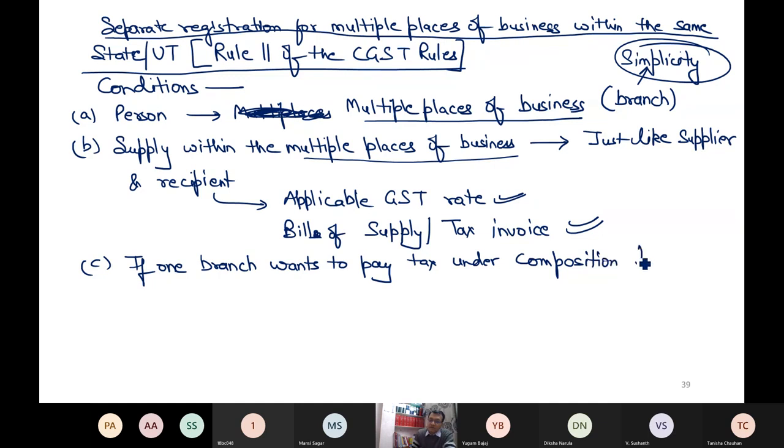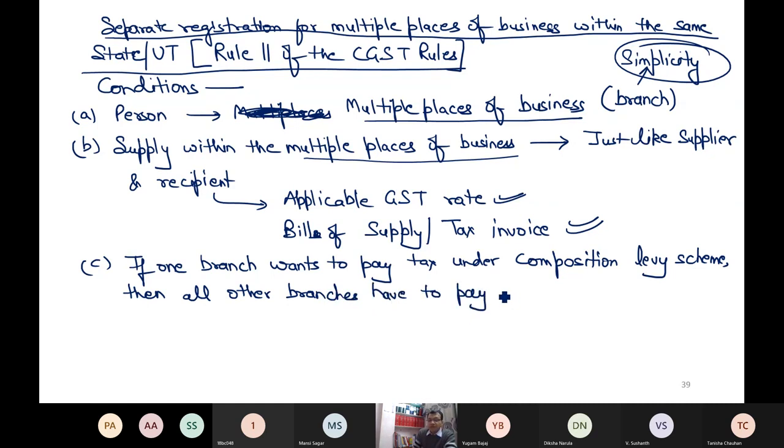I think yes, where we have very lax rates. Then all other branches have to pay under the composition levy. It's compulsory.